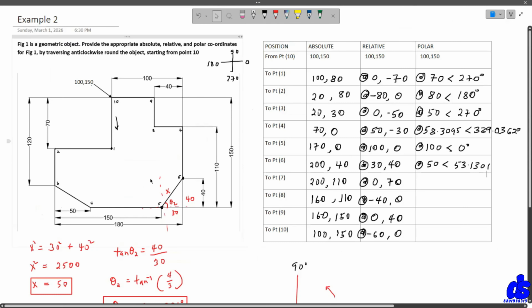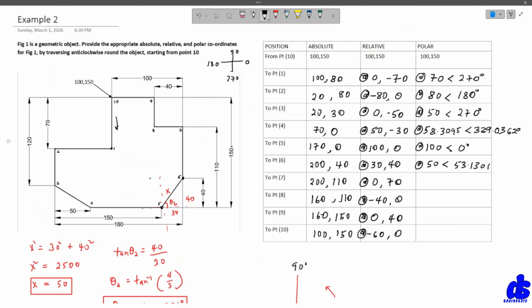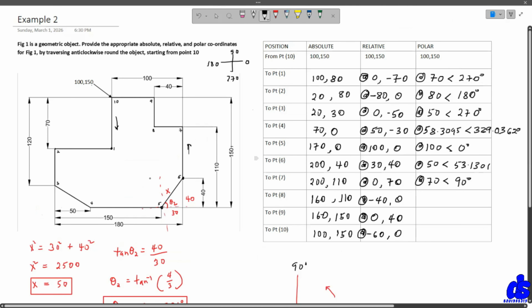Right, now let's go on to point 7. For point 7, the change in magnitude is 110 minus 40, and the angle is going up, which is 90 degrees.